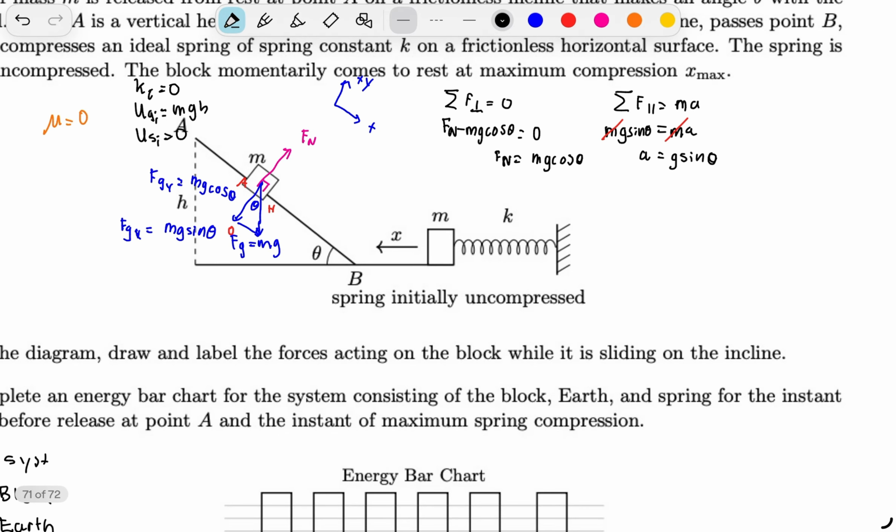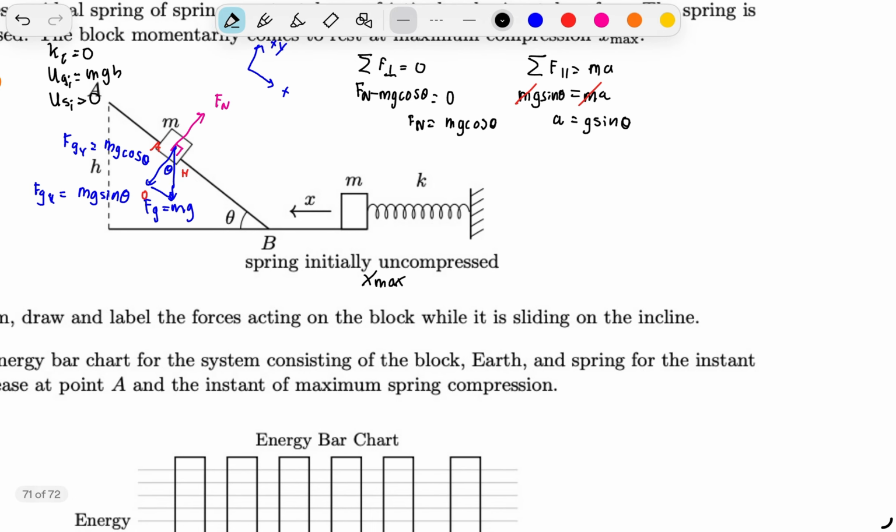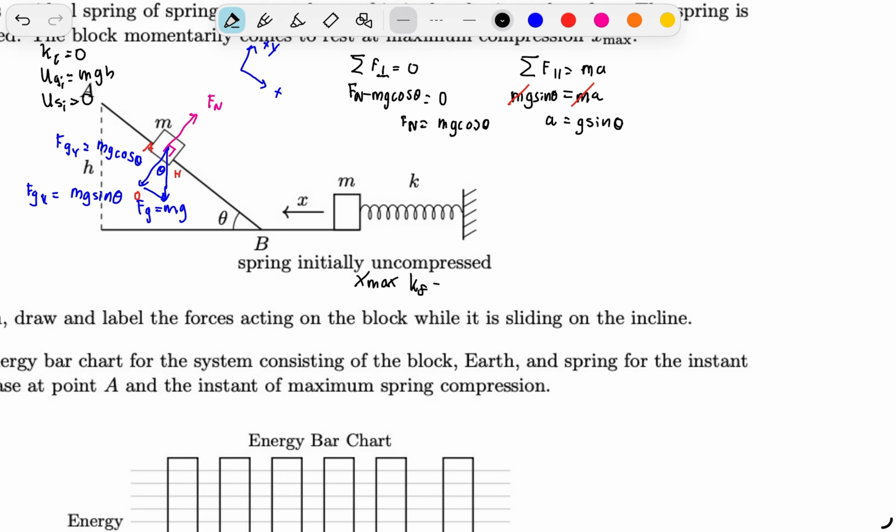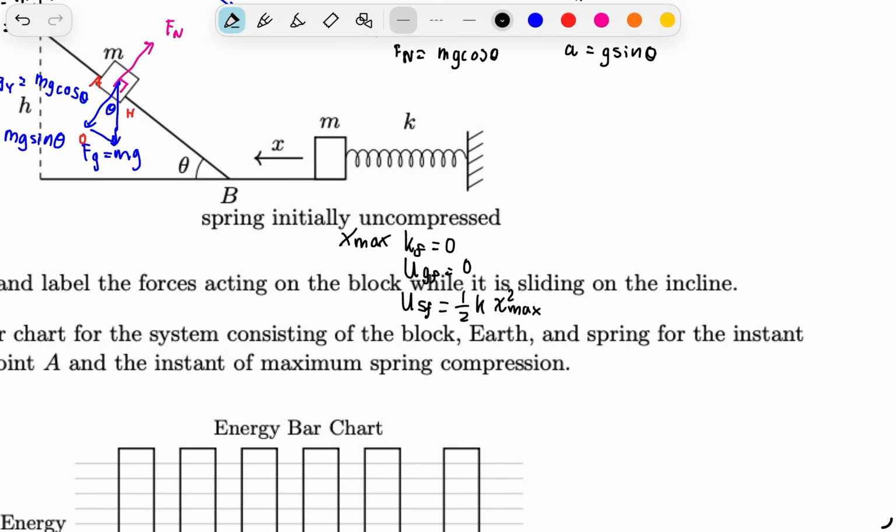Now, when we are at maximum compression, this means that we are going to have our kinetic final energy equal to 0, our gravitational potential energy final equal to 0, and your spring potential energy final is equal to 1/2 K, your spring constant, times your displacement, which is at its maximum. You're at maximum displacement because your amplitude is going to be the max.